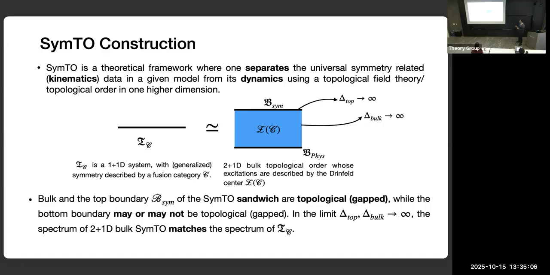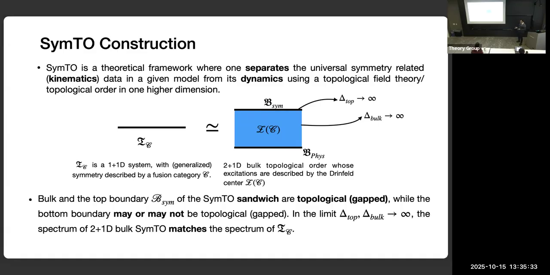So the construction is that since the bulk is a topological field theory, its width or length scale is not important. So I can freely squeeze it. And once I take this top topological boundary and push it to the bottom, I should simulate or replicate back my physical system in 1 plus 1D, this T_C.